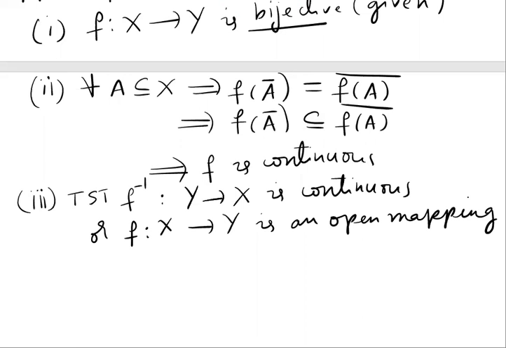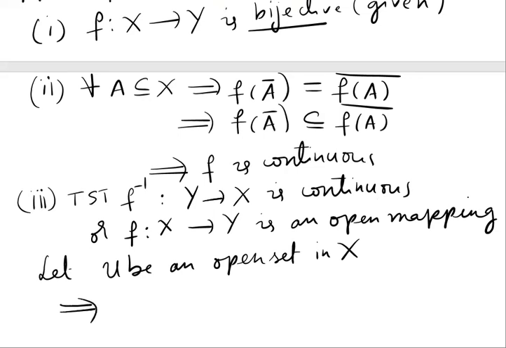Okay, so where do we have to take the open set now? Let U be an open set in X. And we have to prove F of U is open in Y. Then our F is an open mapping. Right? Now, U is open set in X. So what is X minus U?